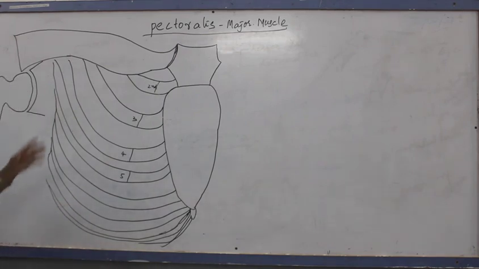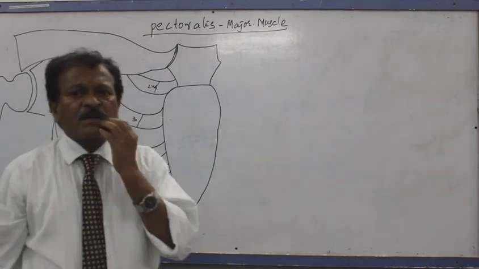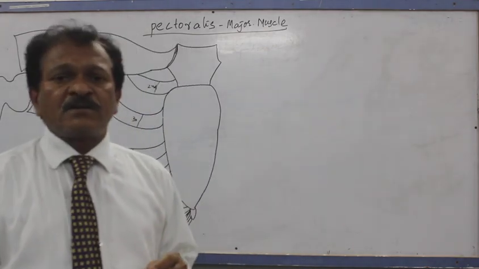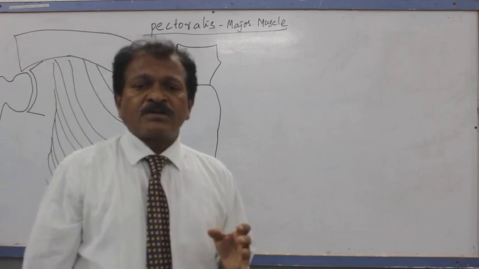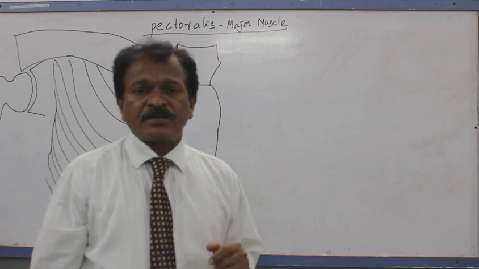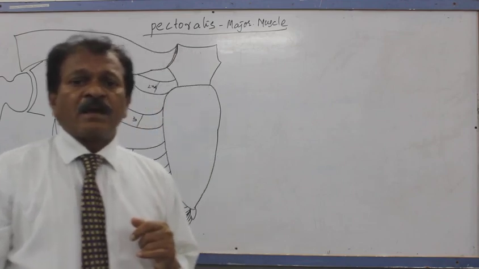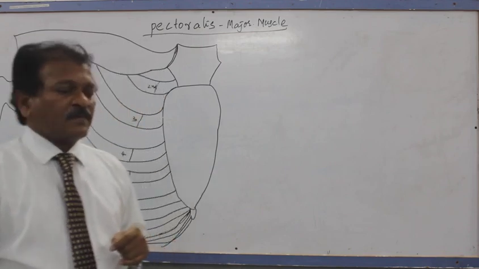First we have to discuss the location, origin, insertion, relationship, blood supply, nerve supply, and applied anatomy of the pectoralis major muscle.